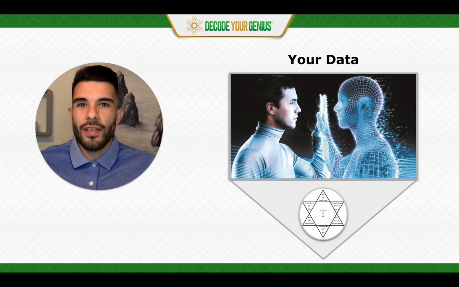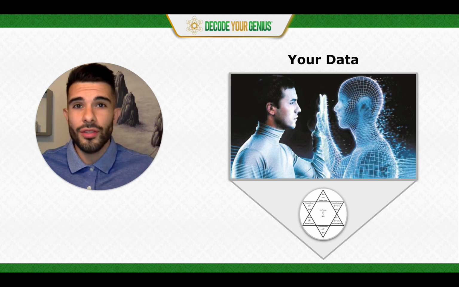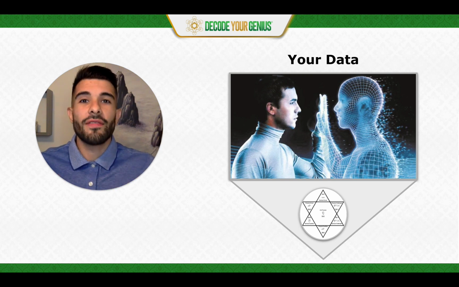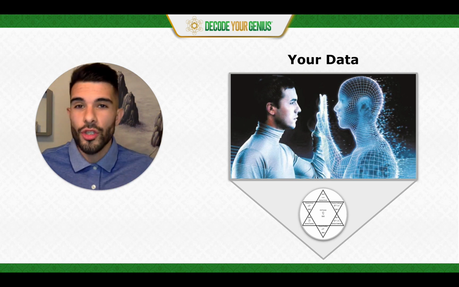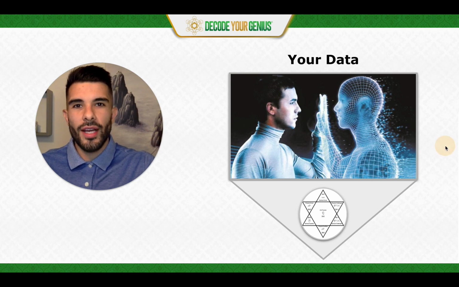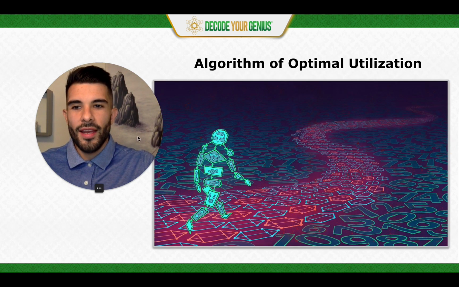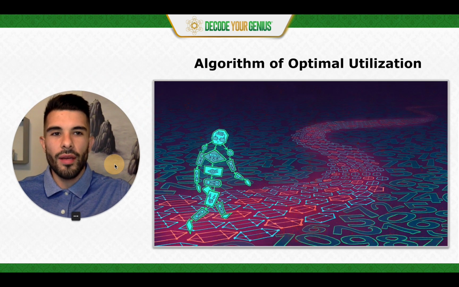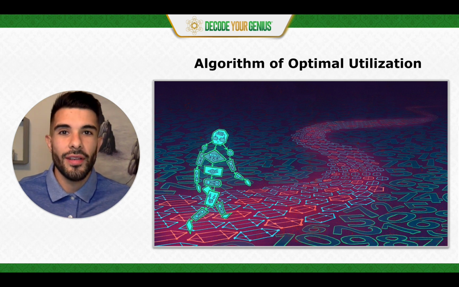So imagine if we could look at all these different data points that come together to formulate your preference, your emotions, all these different things about you. It's almost like with your genius path, if we could just look at all the different data points of what makes you, you. And as we put all that data together, then imagine there's an algorithm of optimal utilization.